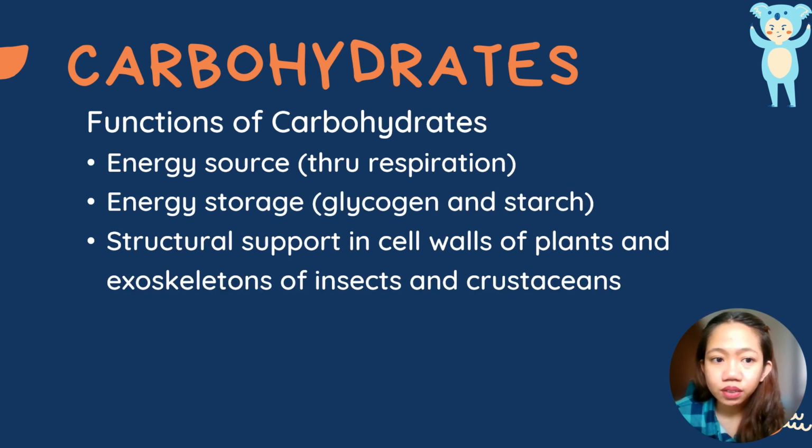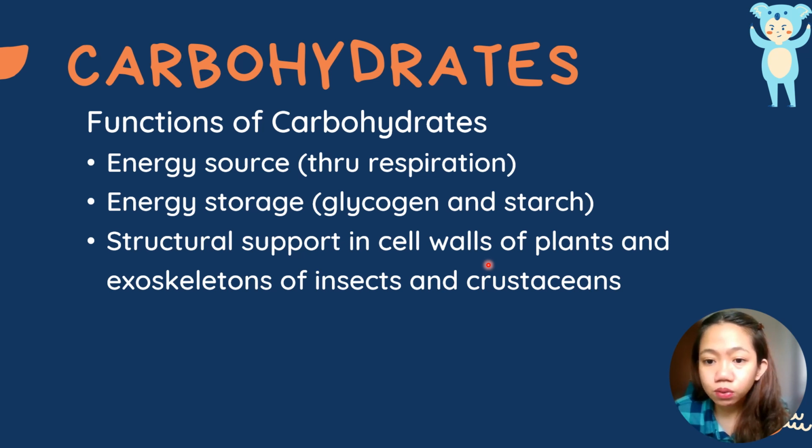Next. Okay, so again, for the function of carbohydrates, for animals, this is an energy source that we can gain through cellular respiration or the digestion of carbohydrates. Next, we have energy storage in the form of glycogen for animals and starch for plants. And it also serves as structural support in plants as a form of cell wall. So remember that plants have to create bark, they have to create wood, and actually these are just a special type of sugar, which is the cellulose.